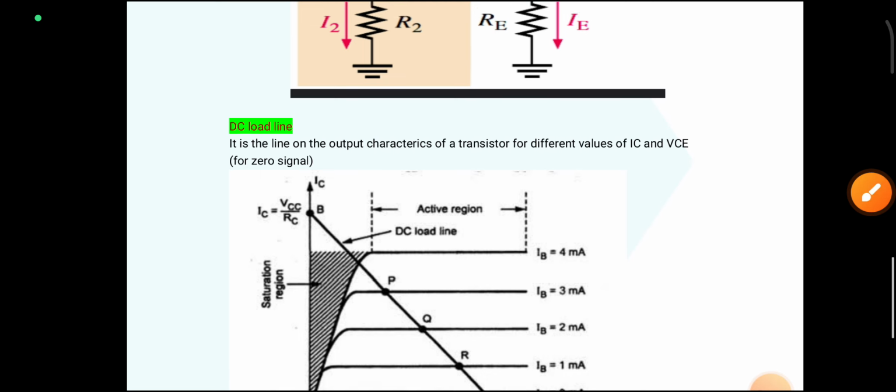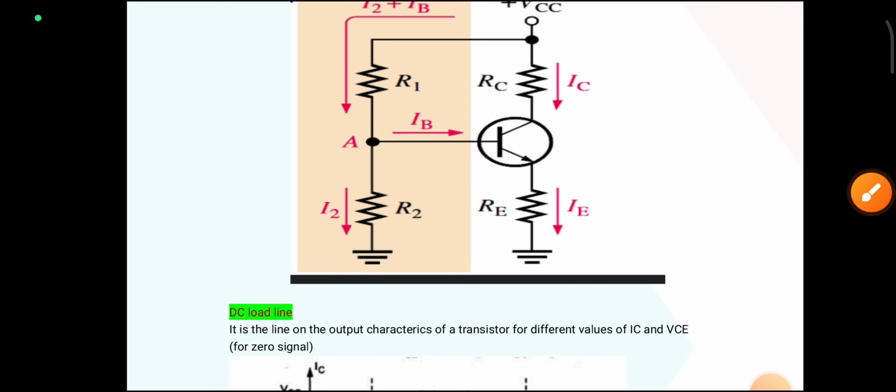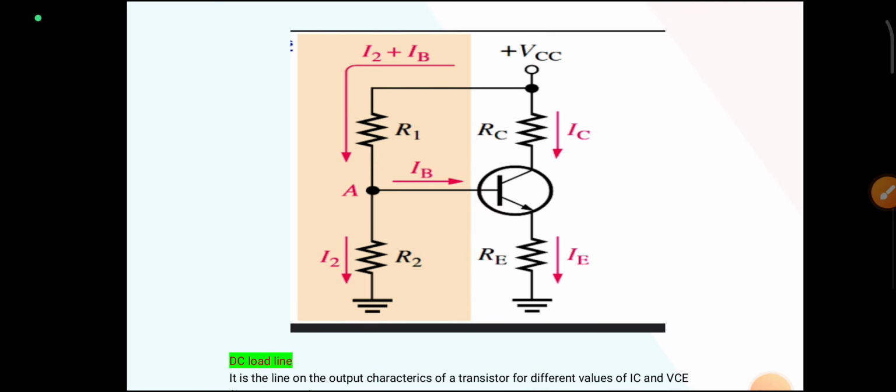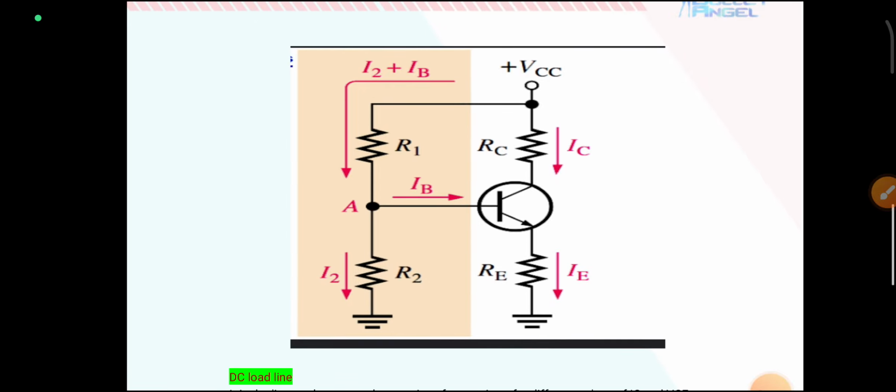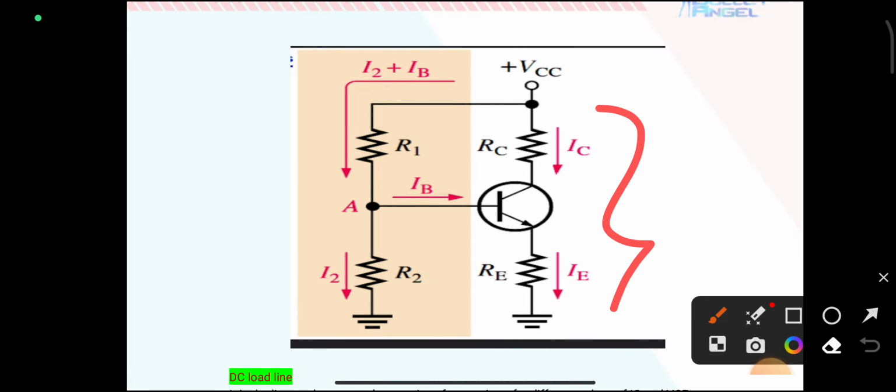From this figure we can show the relation between IC and VCE. Apply KVL on the output portion of the DC equivalent circuit.